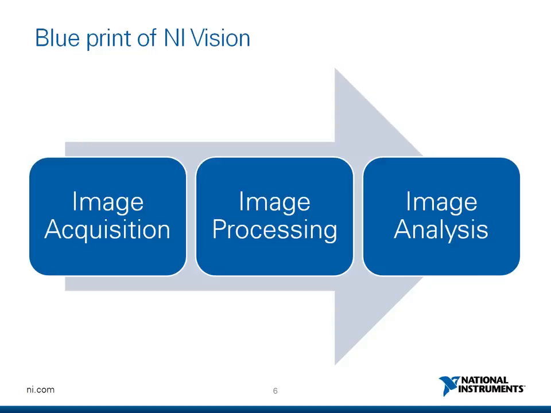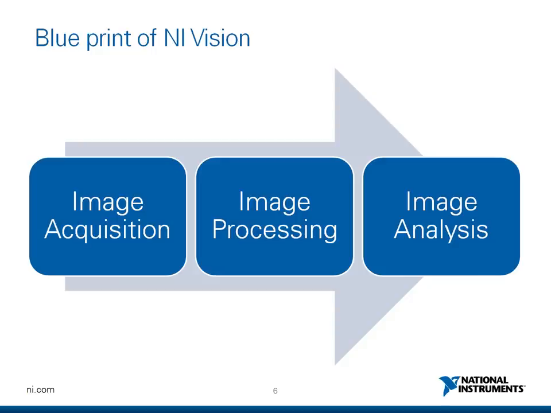Now the second stage is image processing. Image processing is a kind of signal processing for which the input is an image and the output is an image or a set of characters or parameters that define that image. Basically we need the image processing step in between so that we can prepare, or condition, our image for the image analysis.